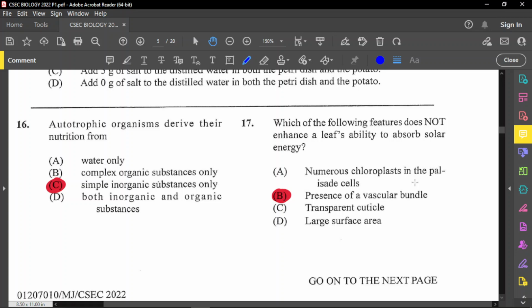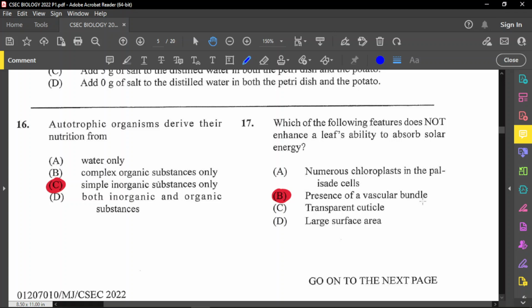So more chloroplasts mean more chlorophyll, which means more absorption. The presence of vascular bundle is the answer. Vascular bundle does not contribute to the absorption of light, because the vascular bundles are responsible for transporting substances. And the vascular bundle includes both xylem and phloem.